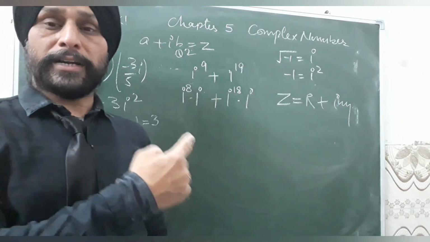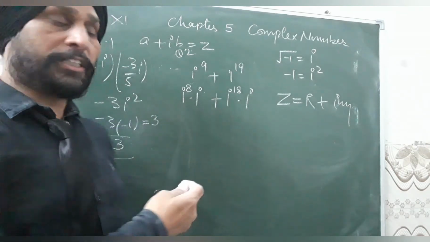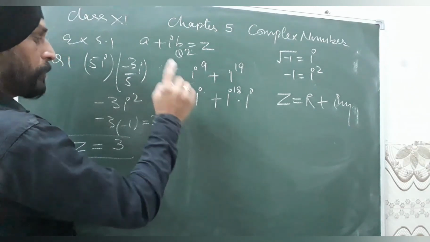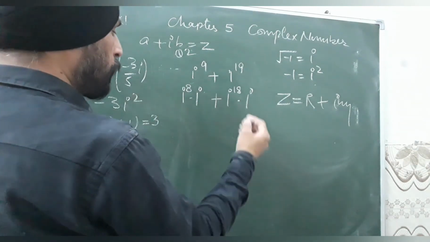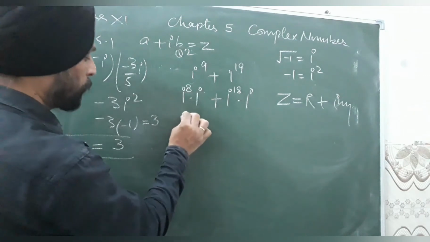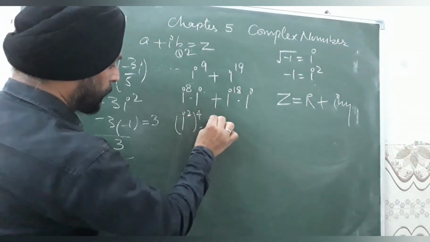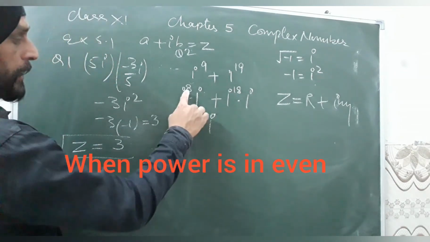When the power is odd, you take the preceding number, that is even. Now how can you solve i raised to an even power? You will put i square raised to power 4 into i, so 4 times 2 is 8, here i.